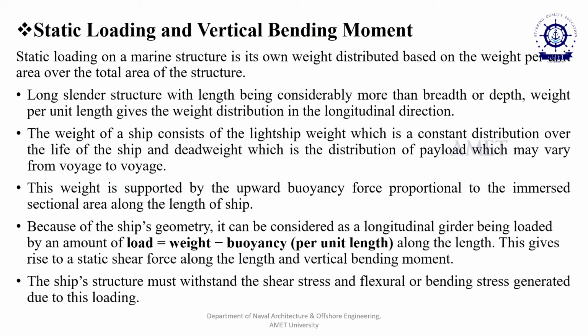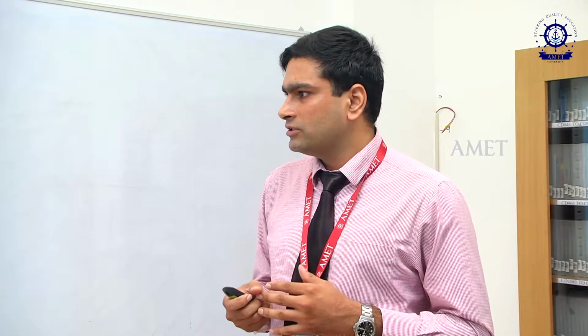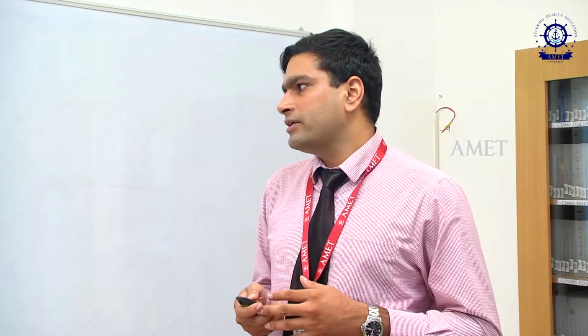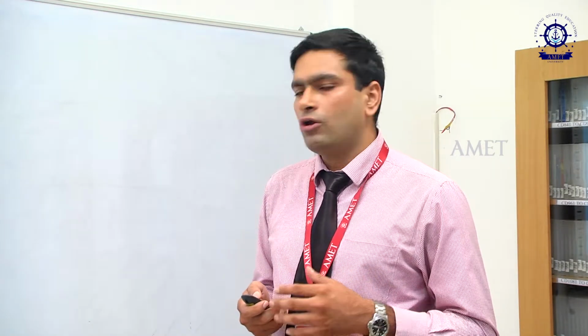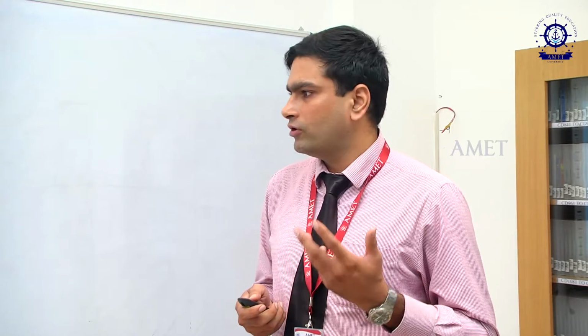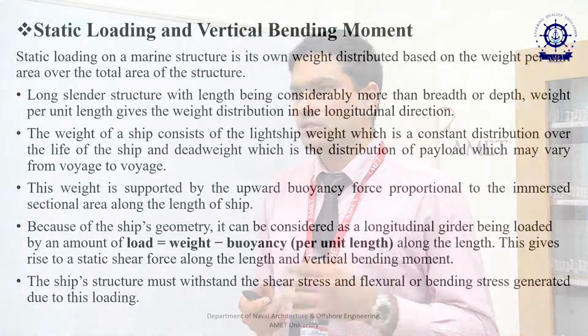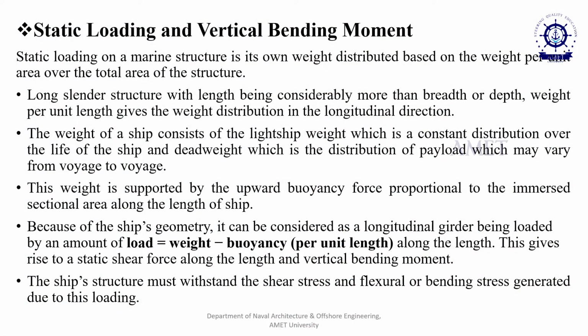This weight is supported by the upward buoyancy, and the force proportional to the immersed section along the length of the ship is balanced. Because of the ship's geometry, it can also be considered that the longitudinal girder is being loaded by an amount of load which is nothing but the arithmetic difference between the weight and the buoyancy per unit length along the length of the ship.